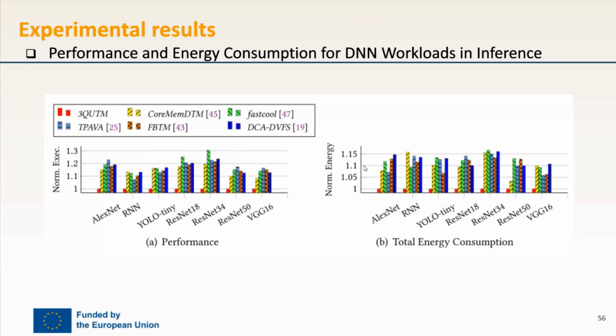We also verify our approach not only on classical benchmarks like PARSEC and SPLASH2, but also on deep neural networks like AlexNet and ResNet, and it works very well, not only for performance but also for energy consumption.